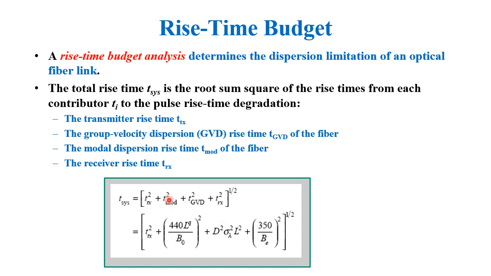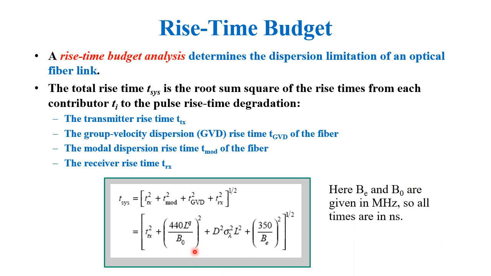So the whole root of TTX square plus T mod square plus T GVD square plus TRX square. By substituting the given values according to the statement, we can find out the rise time of the system.